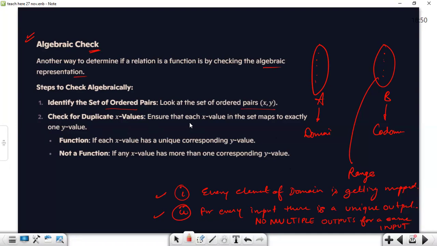So now let's check what is written here. So that each value of x in the set maps to exactly one value of y. Okay. If each x value has a unique corresponding y, so it's this. They have missed the point that every element of the domain has to get mapped, because for every input there must be some unique output.